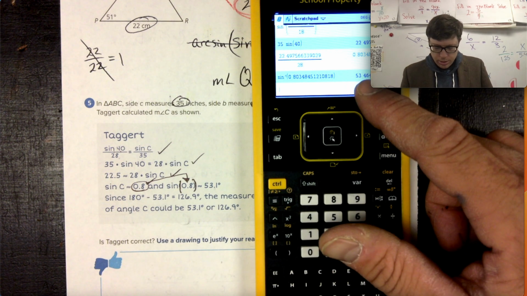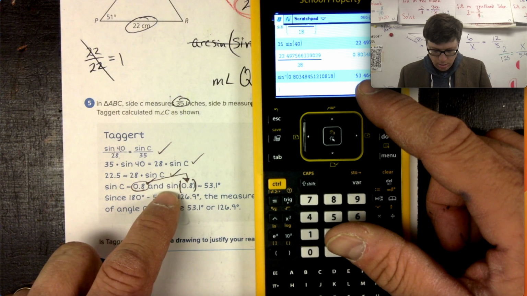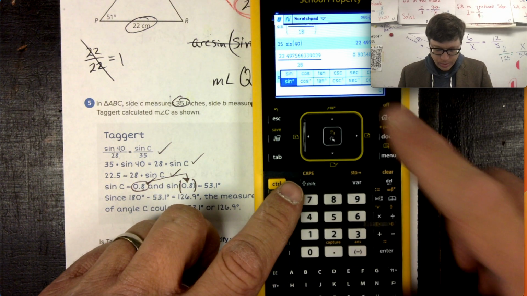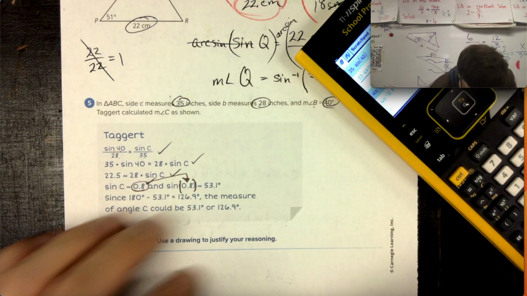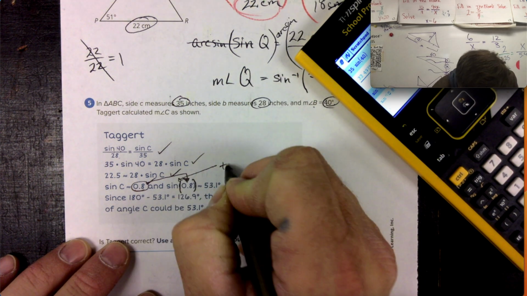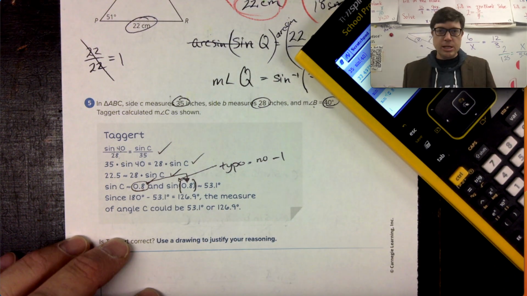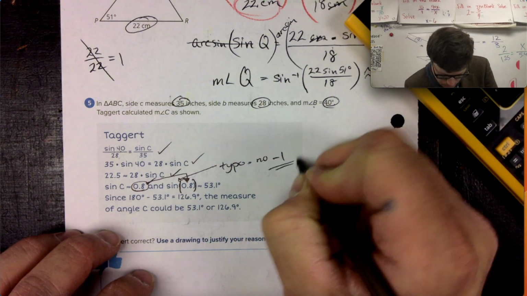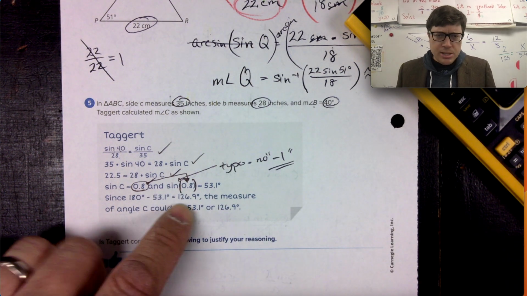Well, wait, that's close to right. Maybe that's a typo. Okay, so I'm going to try exactly what they did. Sine inverse of 0.8. Okay, wait, there's a typo here. So typo, no inverse is written, right? There needs to be an inverse in that location. But then the rest of this is fine.